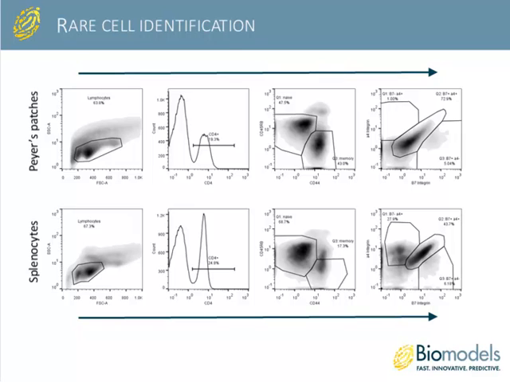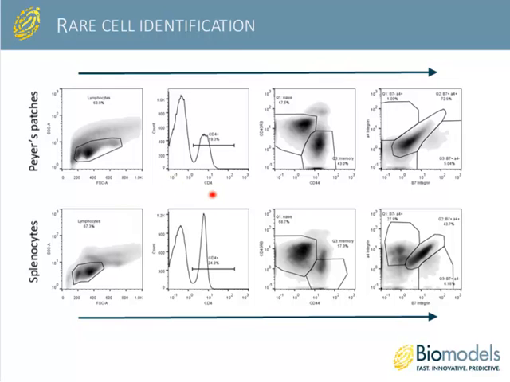Then you can go further with the analysis and look at rarer cells. This is from a study we did where we were looking at the expression of specific integrins on memory T cells. This is in 2 different lymphoid compartments, the Peyer's patches and the spleen. You can see this by forward and side scatter. They look different because there's a different cell makeup in there.